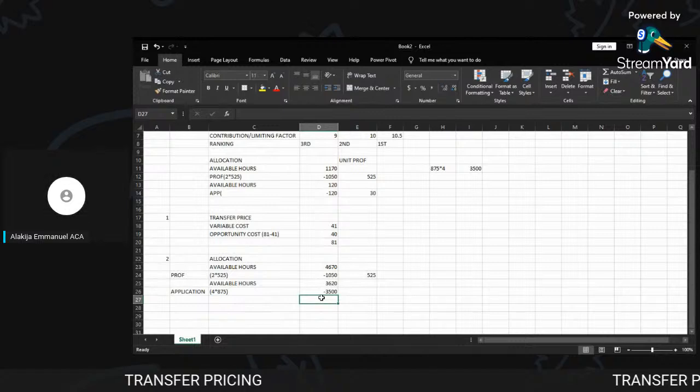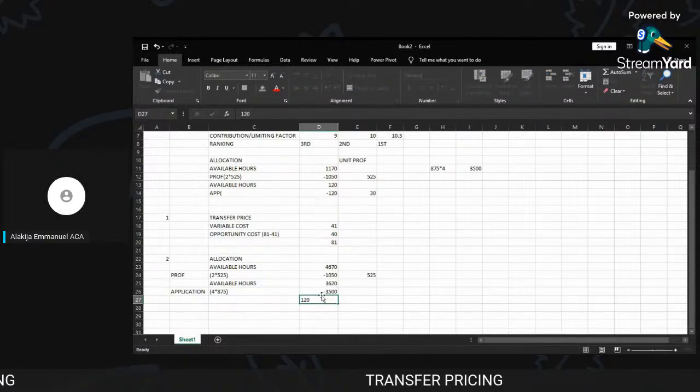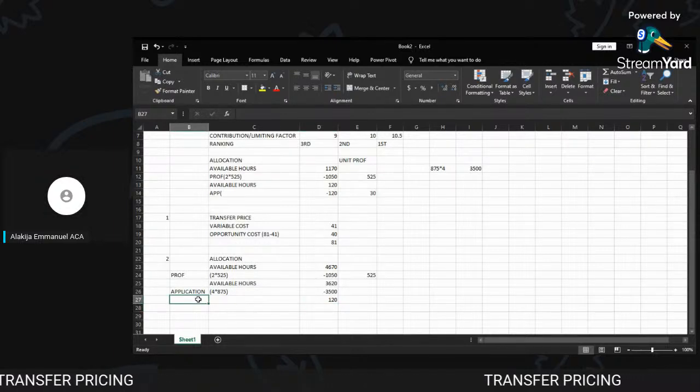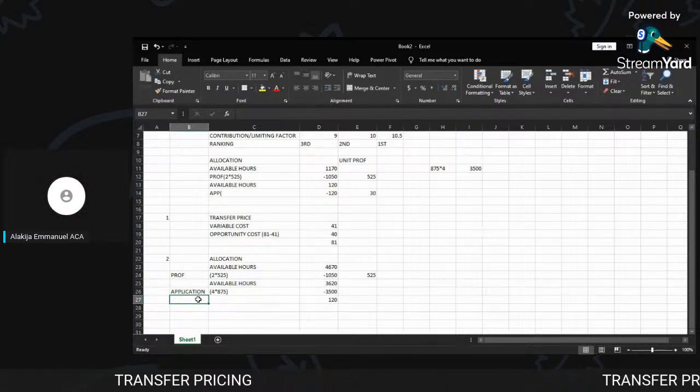When we deduct this from 3,620, we have 120 left. The 120 left can be taken by foundation.